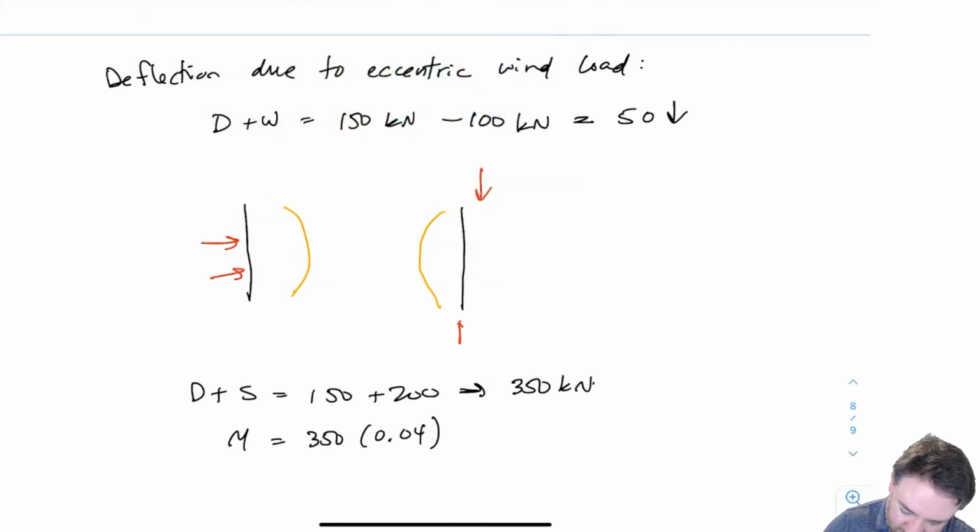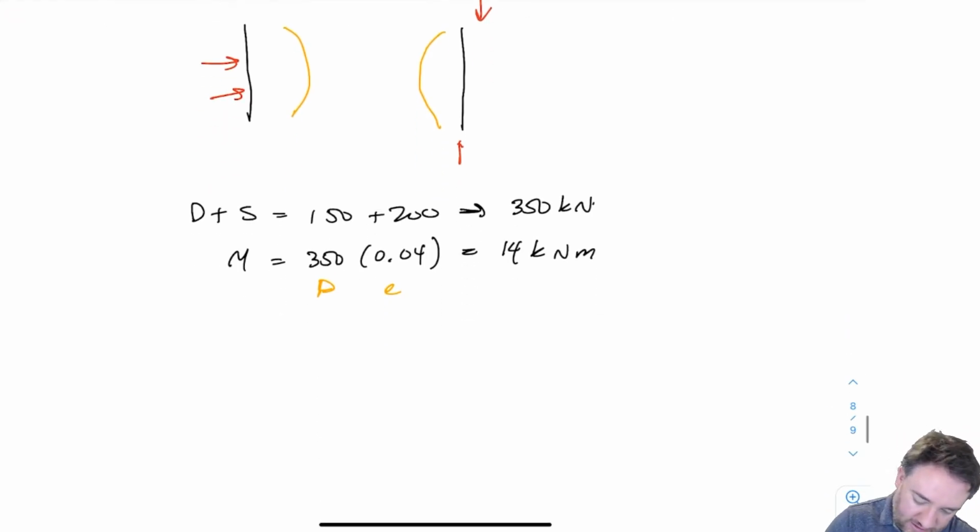So this is the load, P, this is our e. So we get a moment of 14 kilonewtons meters.